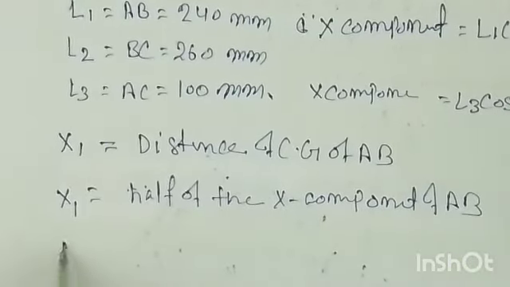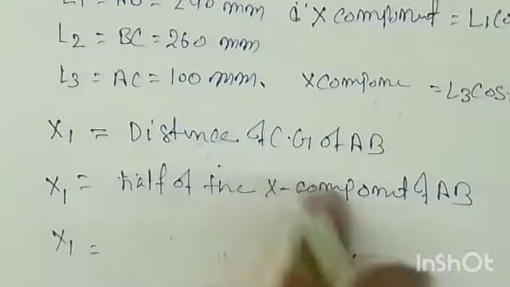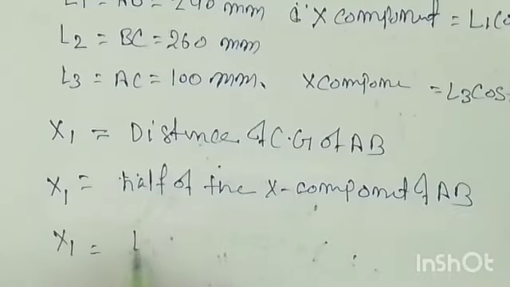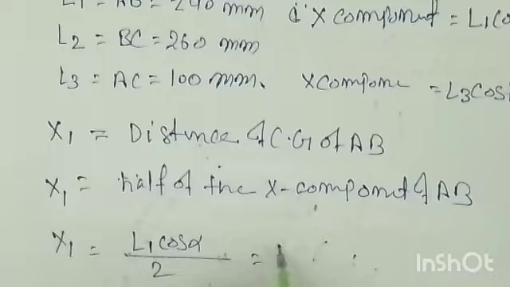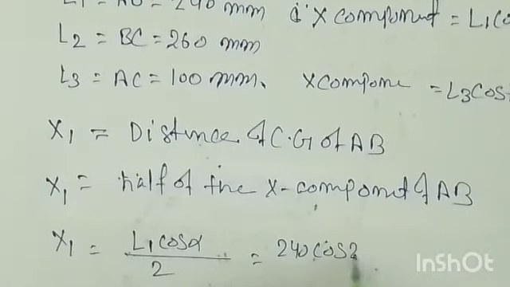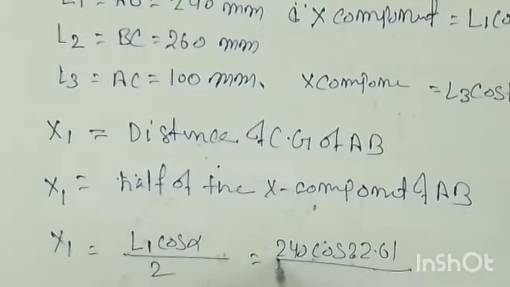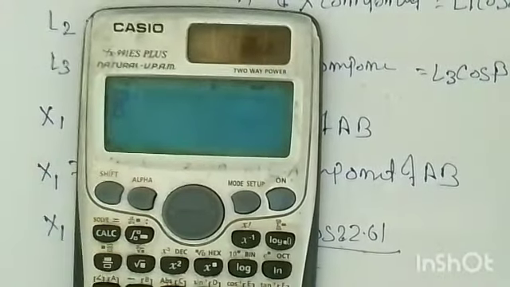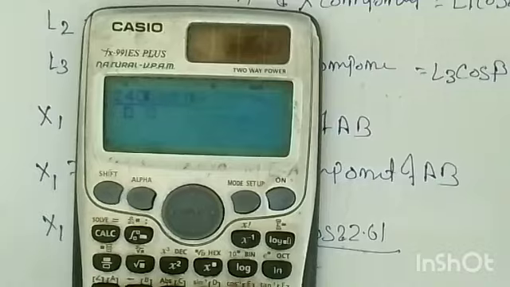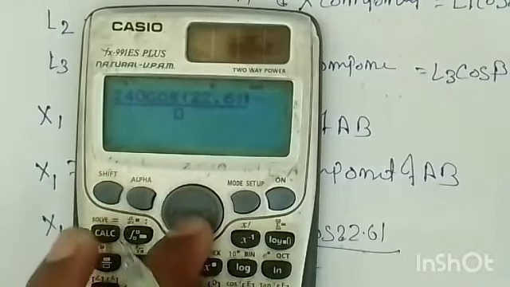Just so you understand now: x1 is half of the x component, which is L1 cos alpha. So L1 cos alpha by 2, where L1 is 240, so 240 cos 22.61 by 2, right?